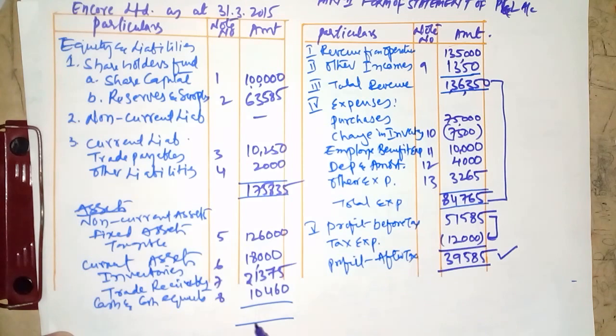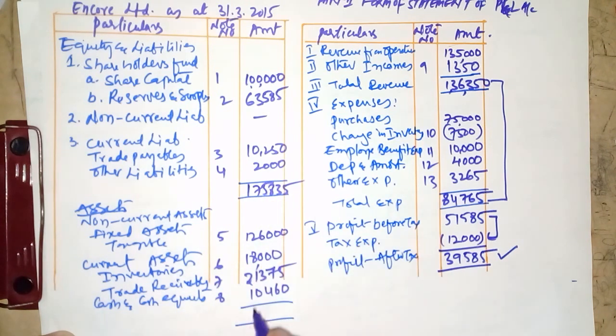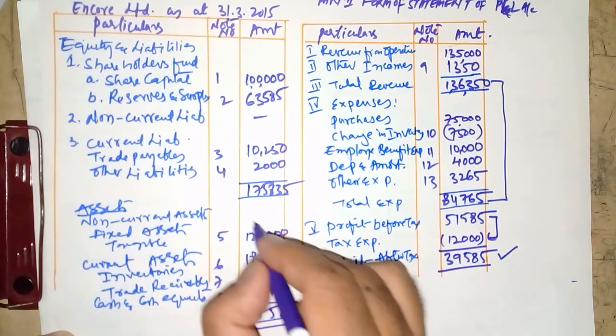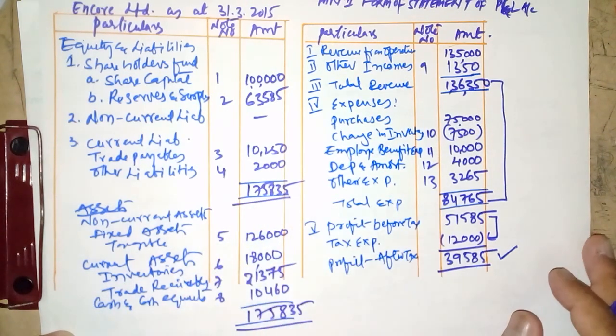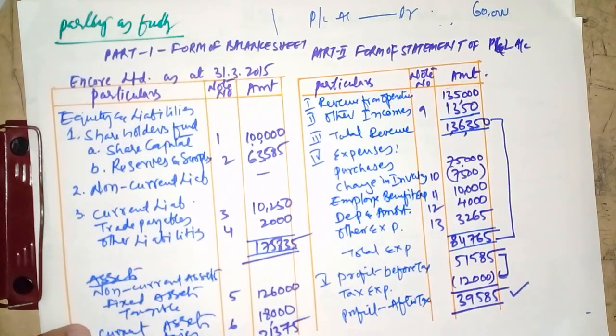Then make the summation. Liabilities, we got 1,75,835. Then asset summation, even we are getting 1,75,835. So we could tally our balance sheet, right? So I hope I made you understand this procedure. This is a very lengthy procedure.